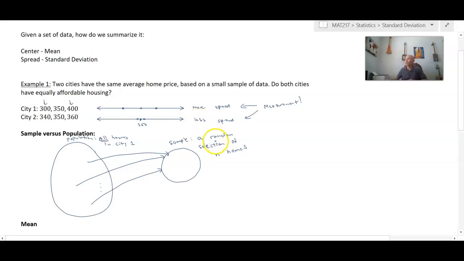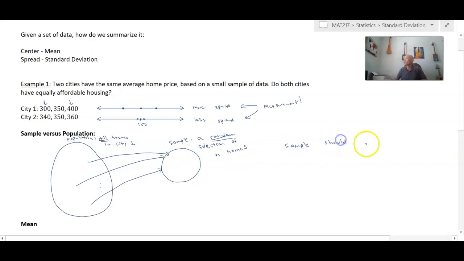Now, the reason we want this to be random is because if I just grab the first 3 houses that I see on a website, those could be being promoted by an advertiser, and so we don't want to necessarily create a biased sample. We want a representative sample. And so by selecting things randomly, we ensure that we give every house an equal opportunity of being selected and therefore represented.